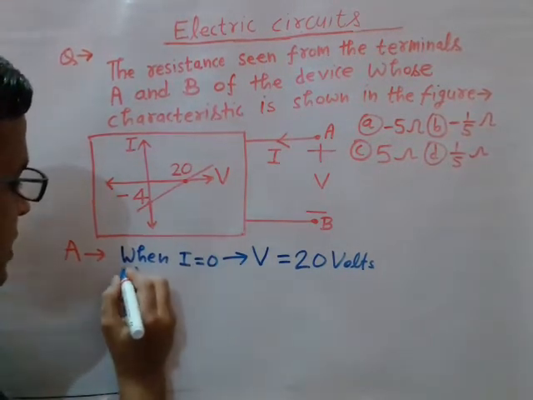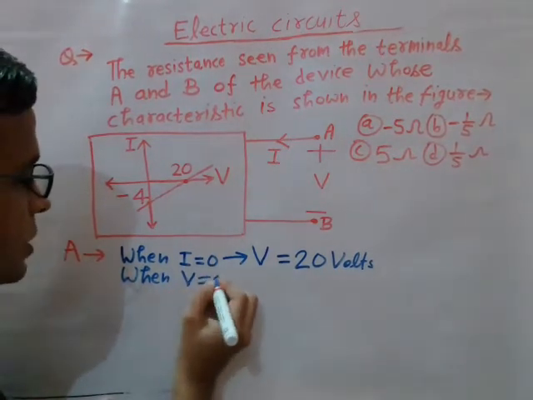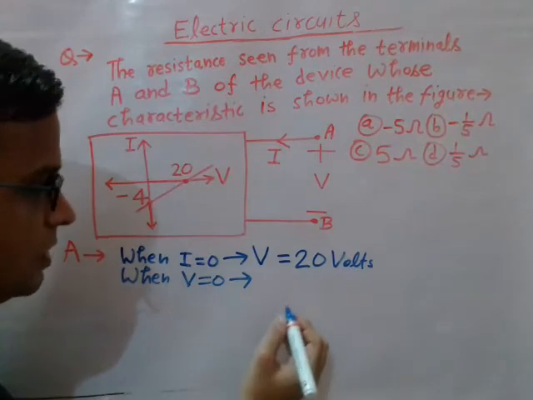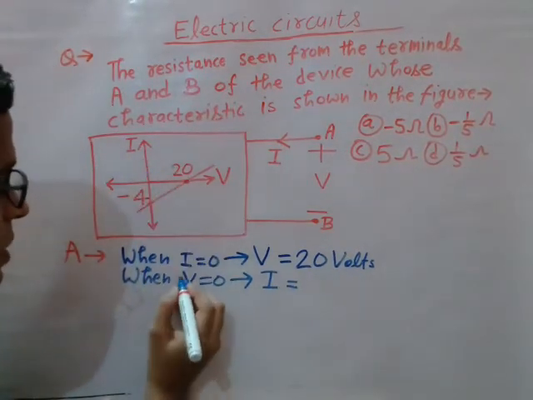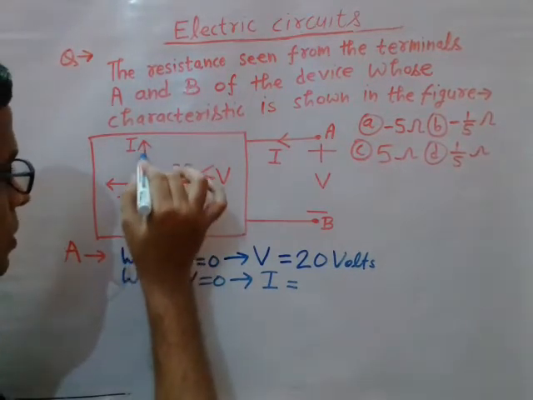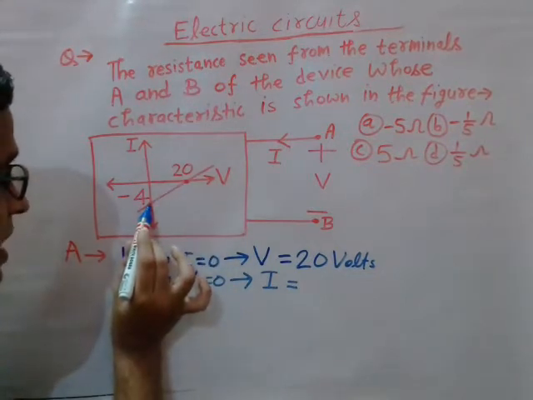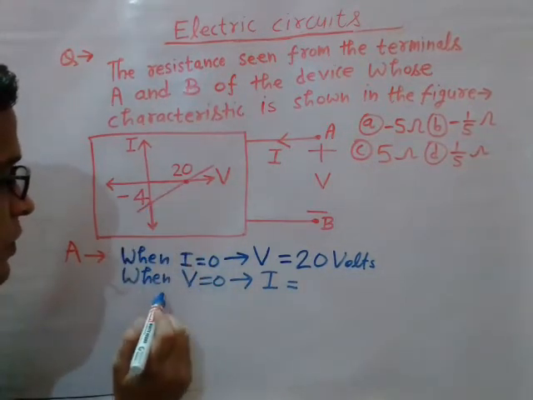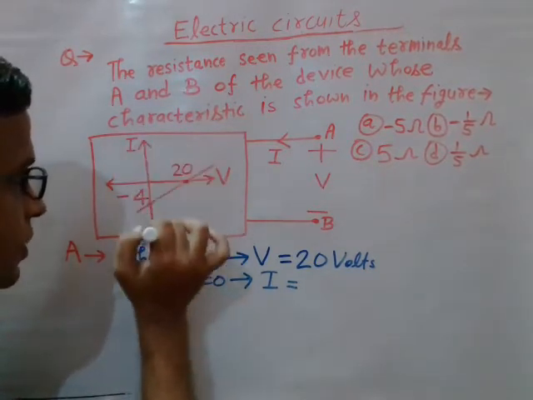Now tell me, when voltage is zero, what is the value of current? Just analyze this characteristic. See, it is -4 ampere. When voltage is zero, that means it is the vertical axis, and on the vertical axis the current has been plotted, right?